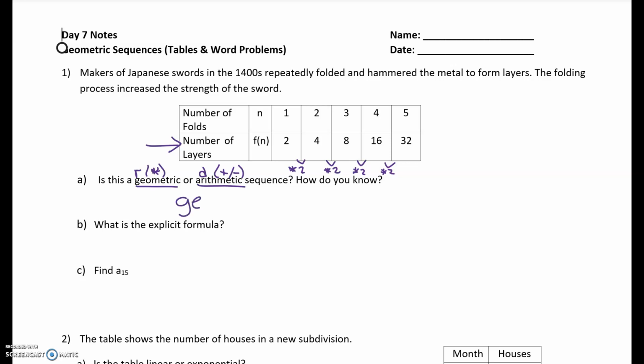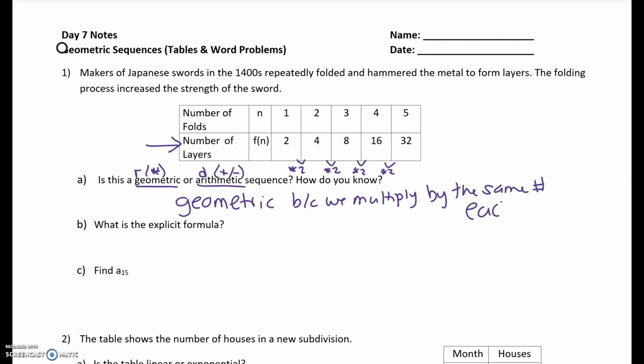So we're going to say that it's geometric because we multiply by the same number each time. Okay?